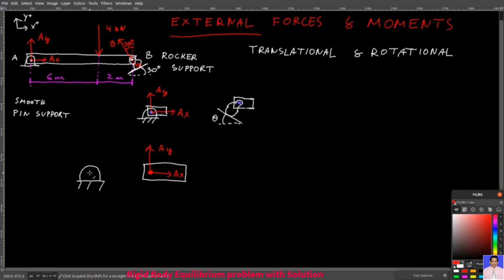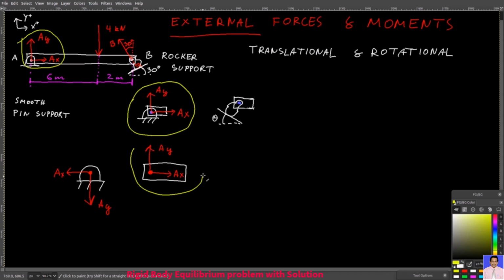Due to Newton's third law, the beam applies forces to the support that are equal in magnitude but opposite in direction. And so every time I draw it like this, or in this case like this, that's the case where the support applies forces to the beam, not the other way around.